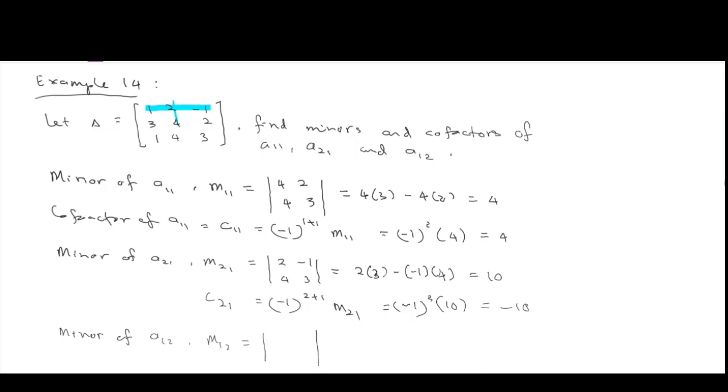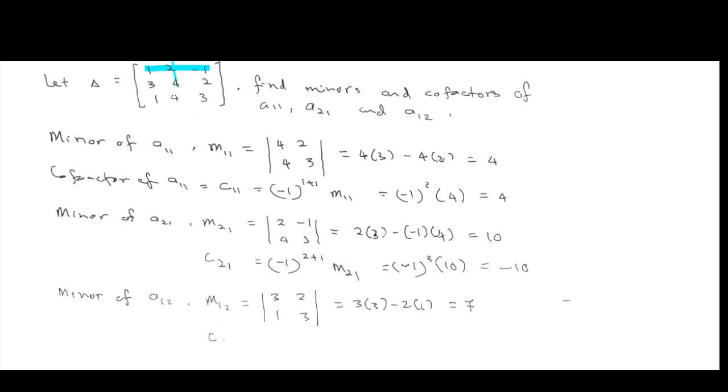So the remaining matrix is [3, 2; 1, 3], which gives 3 times 3 minus 2 times 1, which is equal to 7. And the cofactor of a12 is equal to -1 to the power of 1 plus 2 times the minor M12, which is equal to -1 times 7, equal to -7.